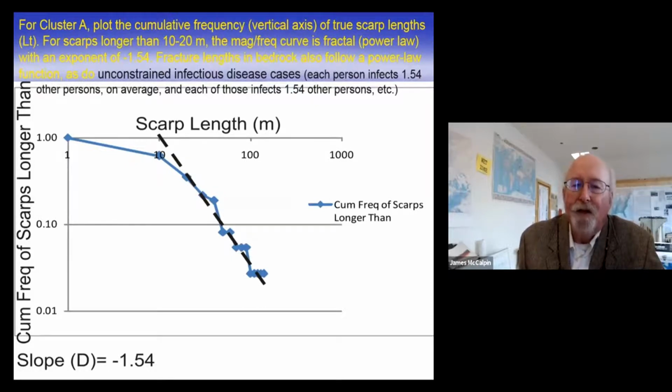And this is coincidentally also the kind of magnitude frequency distribution you get from joints or fractures in bedrock, as well as this is also the power law relationship that controls the spread of unconstrained infectious diseases, which we should all know something about now.